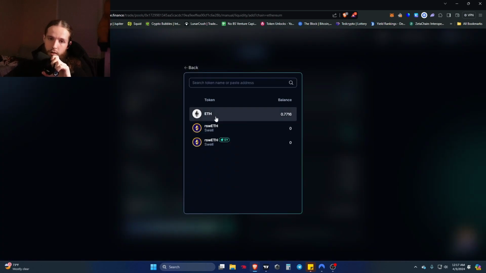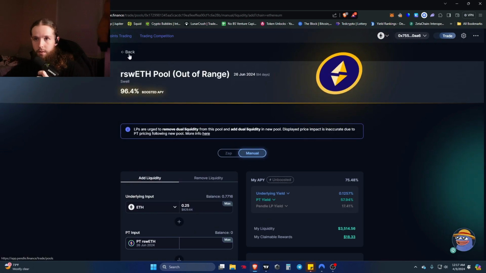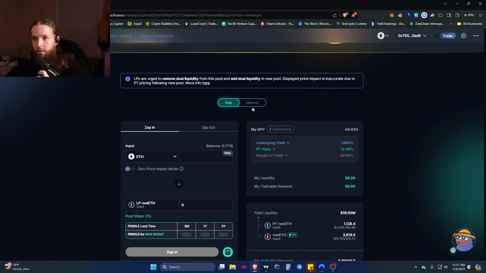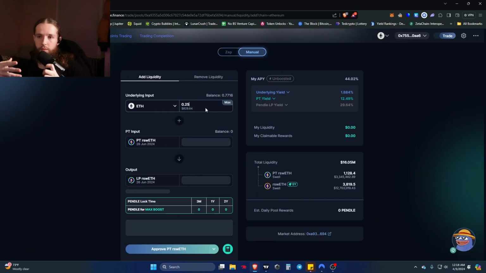I'm using the RSW ETH pool as the example because that is a pool that I'm in. They're mostly the same though across the board. But let's say I was going to just use ETH because that's the asset that I have in my inventory. If I was to put 0.25 ETH, oh, this is an out of range pool. Okay, there we go, manually. Let's say I was to put 0.25 ETH.